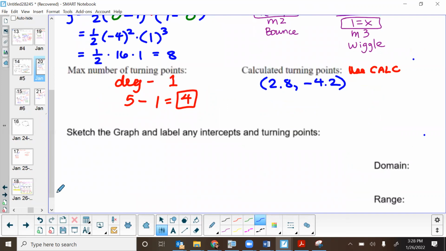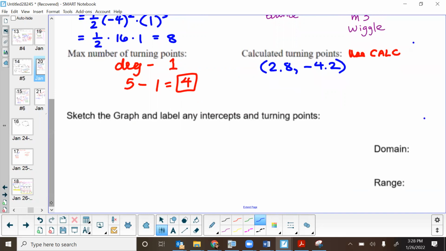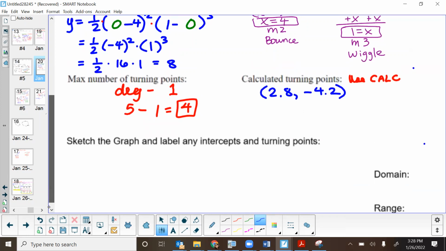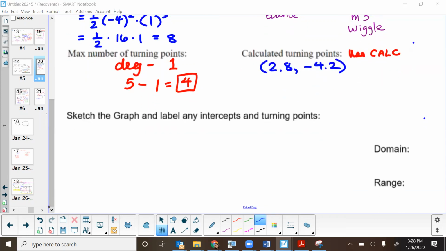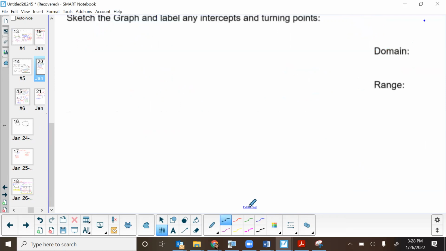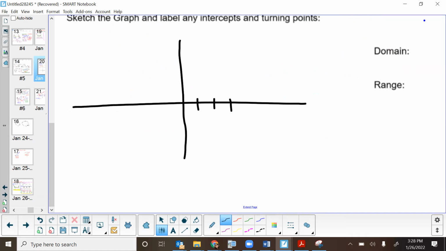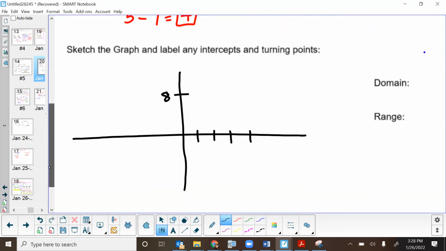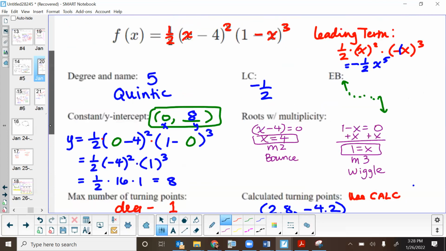So now I can make my graph, and I need to have labels. I need to have x-intercepts, y-intercepts, and turning points. And I'm looking at the shape of the graph.